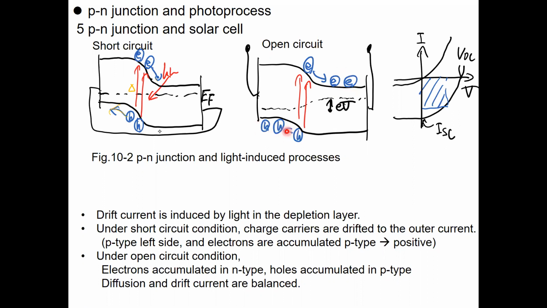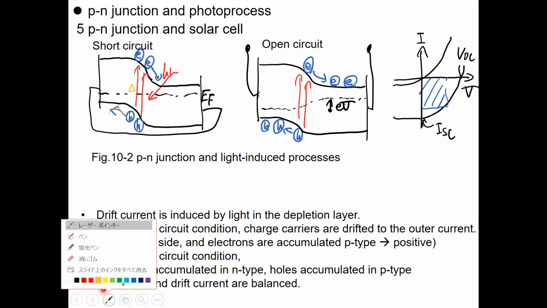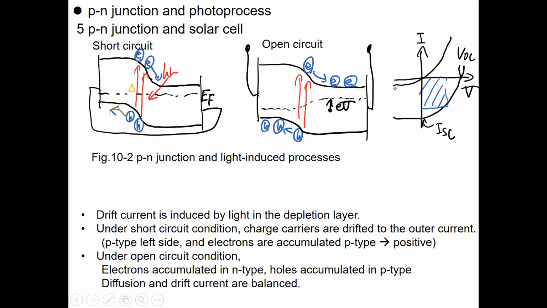So in these two situations, you can see that this is the short circuit condition. This is the open circuit condition. Okay. So what it means is here. You can see this is the original graph of the PN junction here.